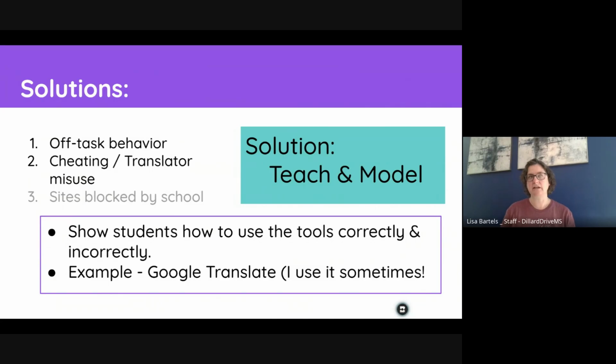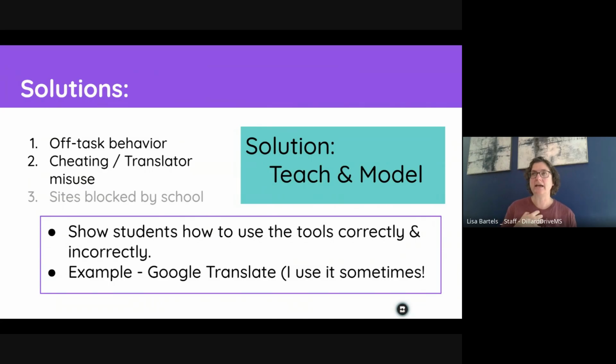Another solution is we have to view this issue as something we need to teach students. Just like I'm teaching my language content, just like I'm teaching my target language, I am also teaching students how to use translators correctly. I use translators in my own life. Sometimes I don't know a word, or sometimes I want to check my phrasing, and I'll pop it into Google Translate, or I'll pop it into a French spell checker just to make sure I'm on track.